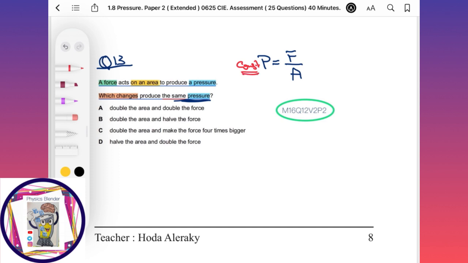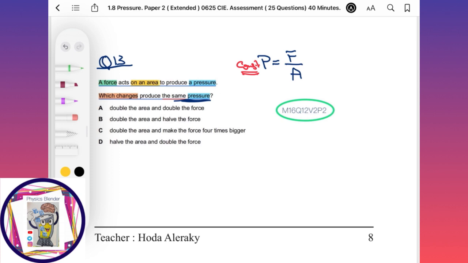So what are the changes which allow the pressure to be kept constant? It means force and area, force divided by area, should be the same ratio, the same constant.